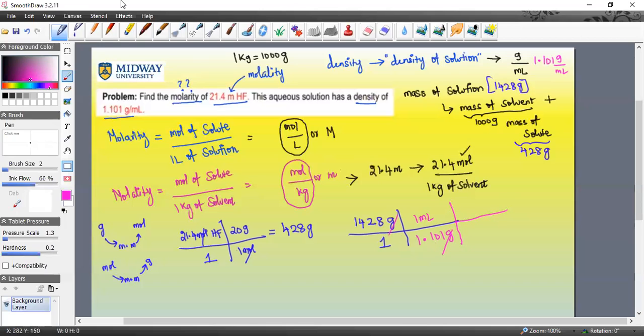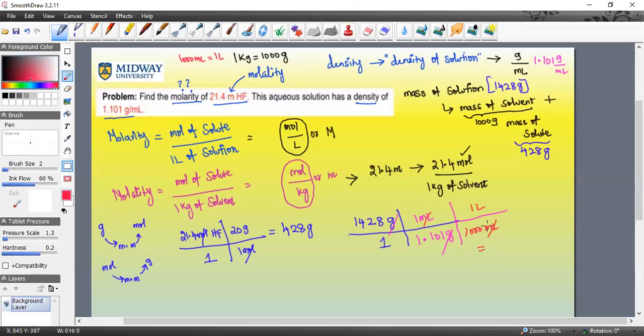And here's the beautiful part. We can finish the conversion in one step here. Just like 1 kilogram is 1,000 grams, 1,000 milliliters is also 1 liter. So 1,000 milliliters goes on the bottom, 1 liter goes on the top.